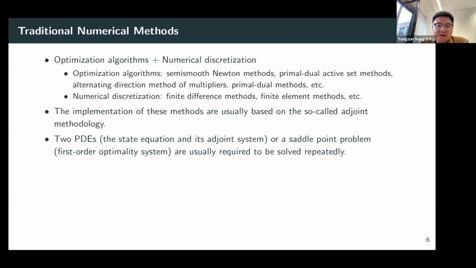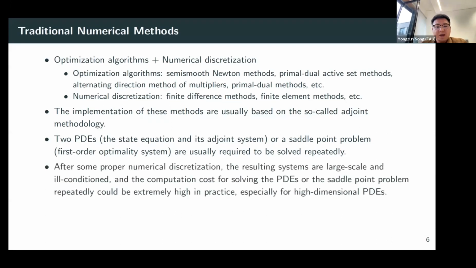After proper numerical discretization, the resulting systems are large scale and ill-conditioned. So the computational cost of solving the PDEs or the saddle point problem repeatedly could be extremely high in practice, especially for high dimensional PDEs.